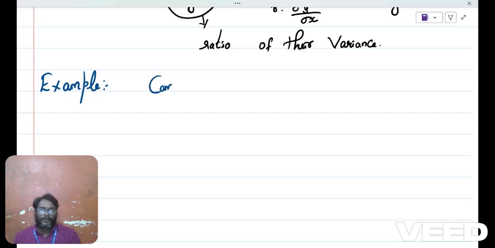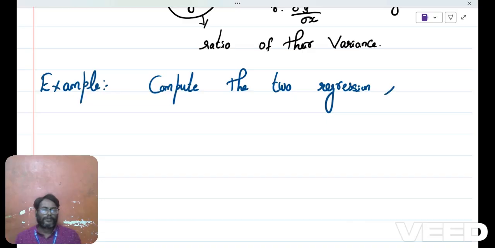Compute the two regression lines for the following data.